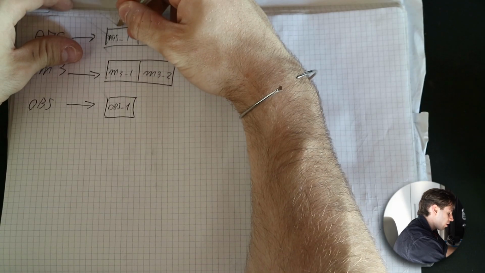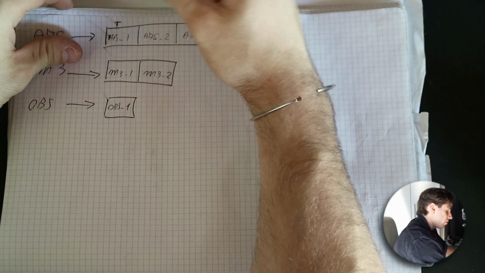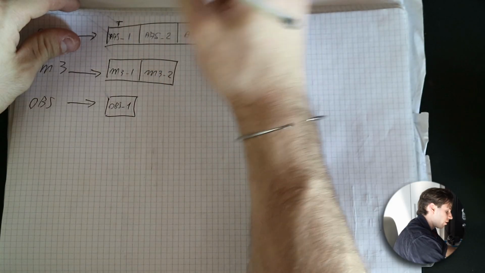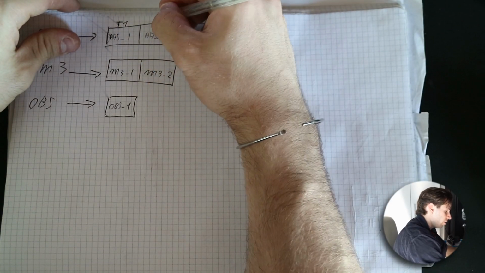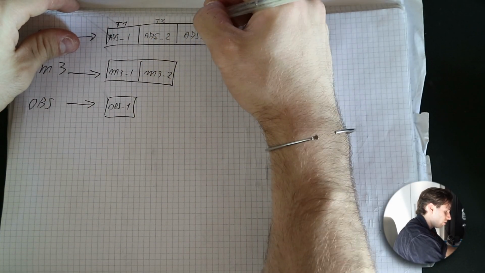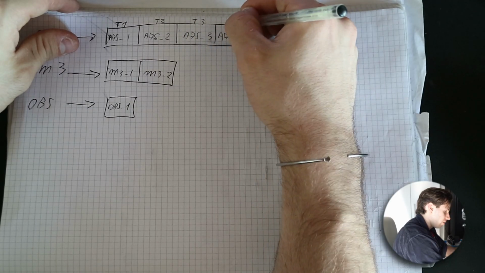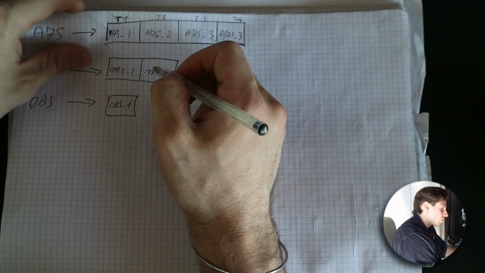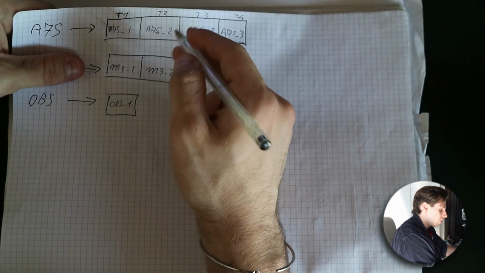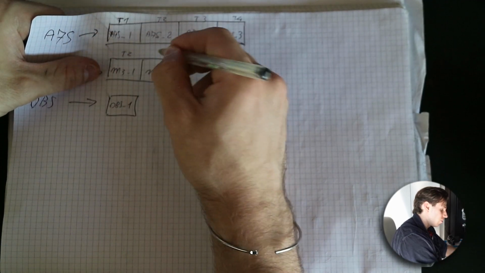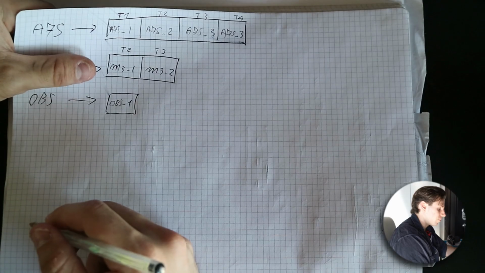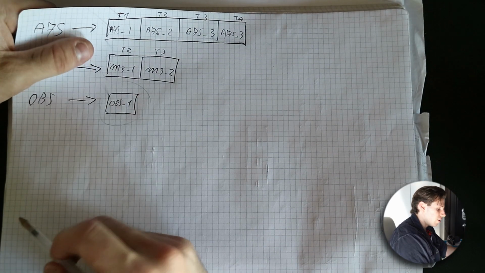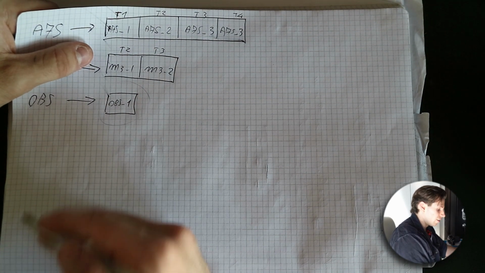So this one has been recorded at T1, this one at T2, this one at T3, and this one at T4. These two clips have been recorded at T2 and this one at T3. And this one has been recorded at T4.